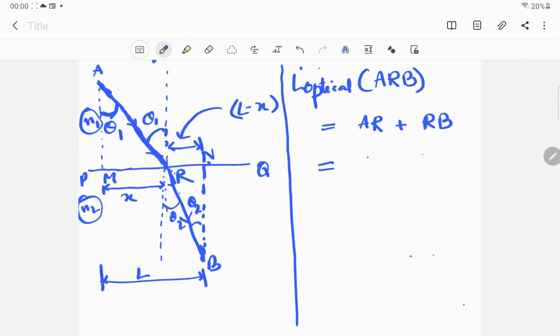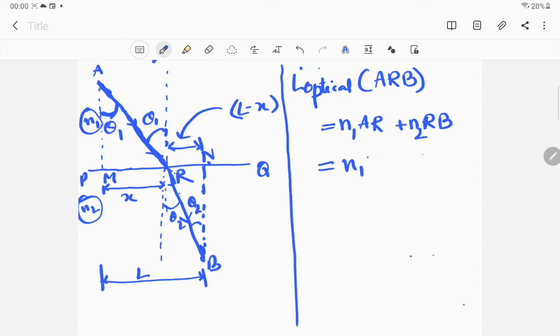Now you can see that this AR is in the medium N1, so we need to multiply it by N1. And the path RB is in the medium N2, so we need to multiply it by N2, because it is not a homogeneous medium. We must take into consideration the refractive index. Now we will use some normal mathematics that we know.